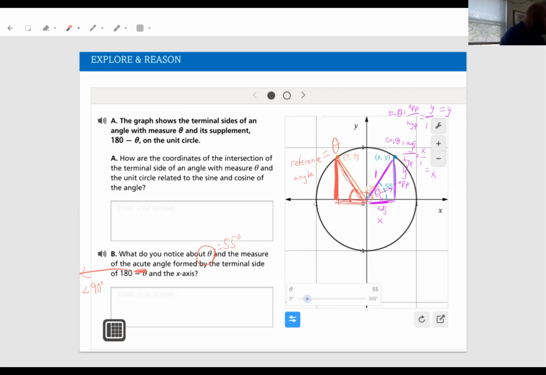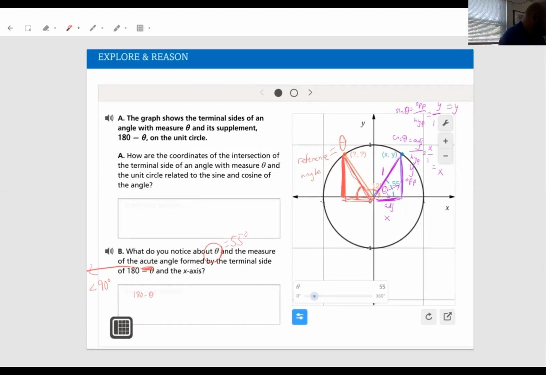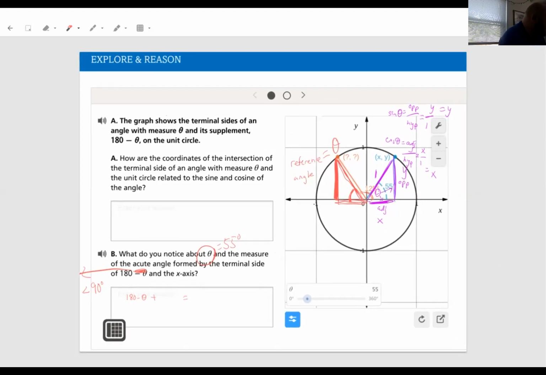And that should be really obvious to us, because my supplemental angle is 180 minus theta. If I want to add some angle to that to make a full semicircle, a straight line, 180 degrees, what could I add to this?